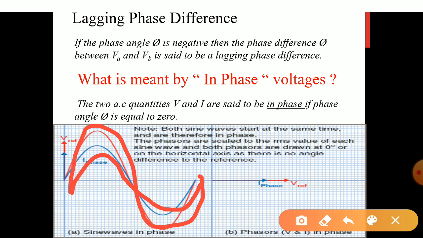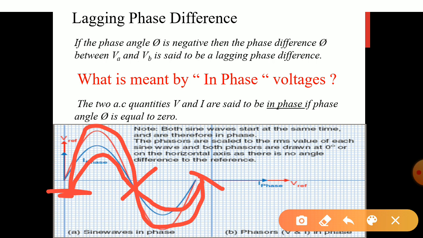Now these two signals are said to be in phase because the phase difference is 0. At 0 point, both V and I are 0. Similarly, at pi angle we could see that they are at 180 degrees at the same point. Similarly, at 2 pi also the same angle, meaning no signal is leading or lagging. Both are at the same angular position.